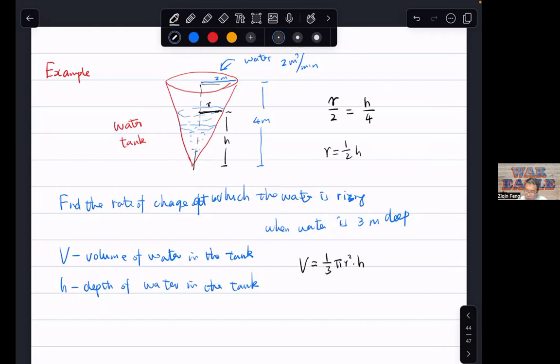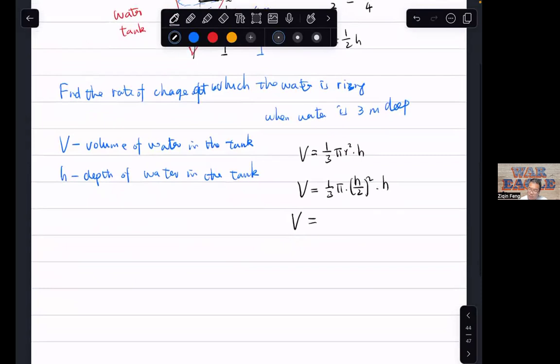So we can get a relation between volume and depth directly. This is 1/3 pi times h over 2 squared times h. If you simplify that, volume is basically 1/12 pi times h cubed.